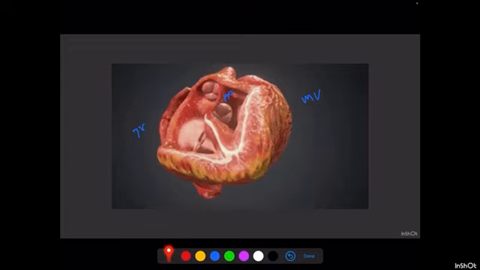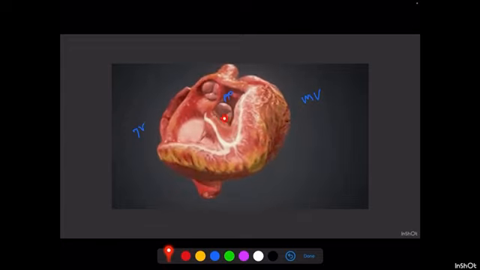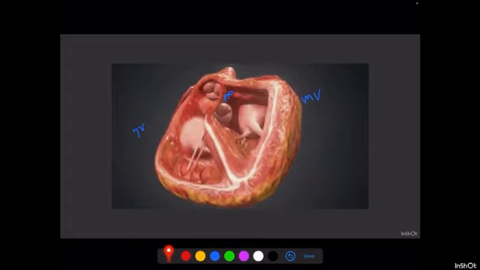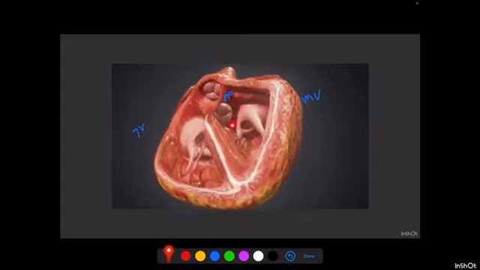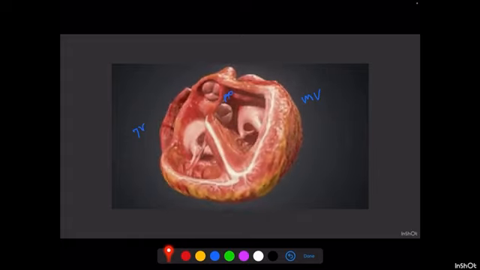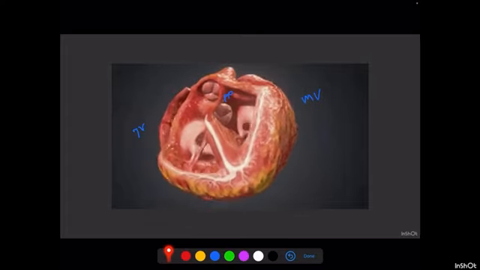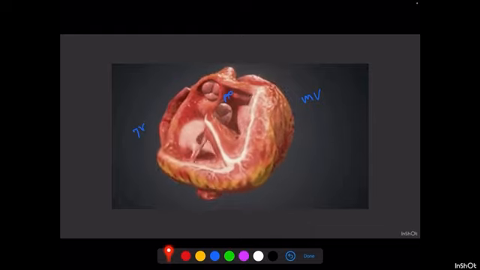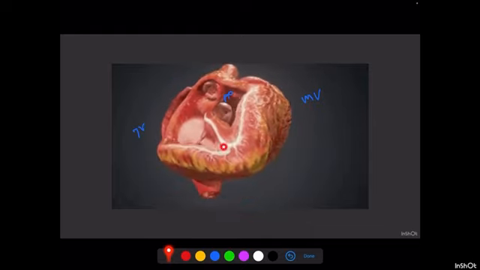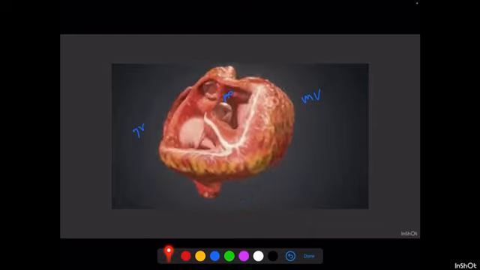What happens in the case of AVSD is that this portion of the tissue is absent. You can also observe that the aorta is nicely wedged between the mitral and tricuspid valve. So when this tissue is absent, what happens? Imagine if you have only one valve. How is it going to be?